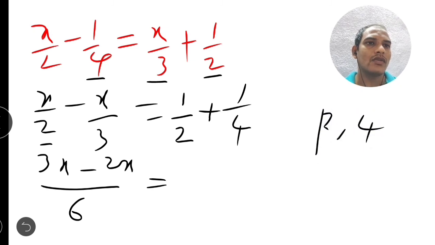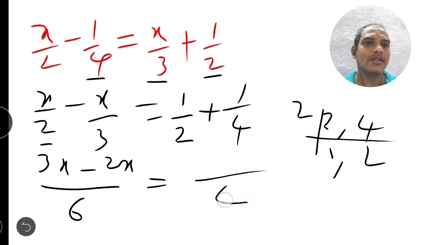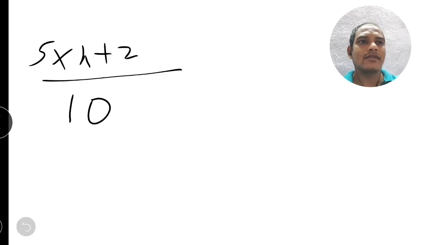Both are coming in 2 table, 2 1s are 2, 2 2s are 4. So the LCM is 4. Now 4 in 2 table 2s are, 2 into numerator, plus 4 in 4 table 1s are, 1 into numerator is 1 itself.